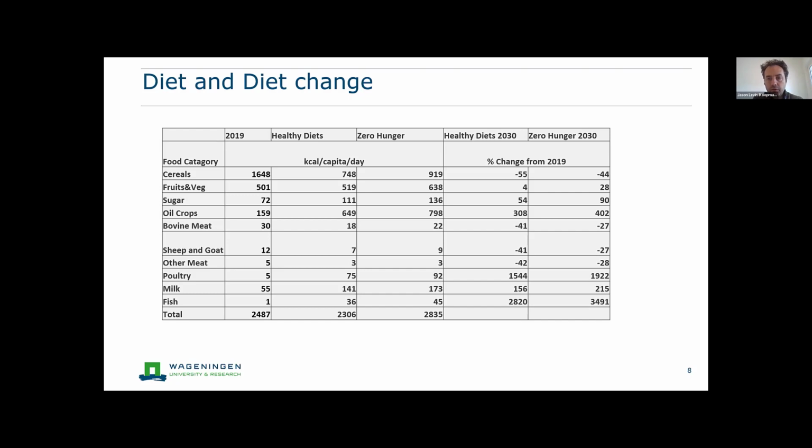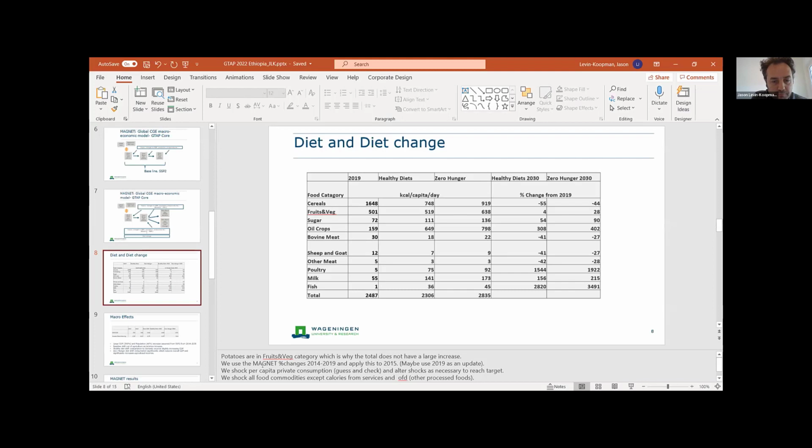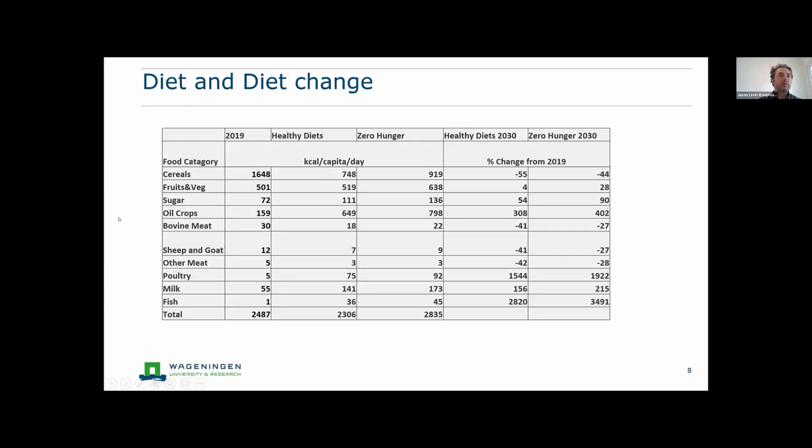An important piece of this is that the calories, as reported in the MAGNET model, are indicators. We can't steer the model on calorie consumption.